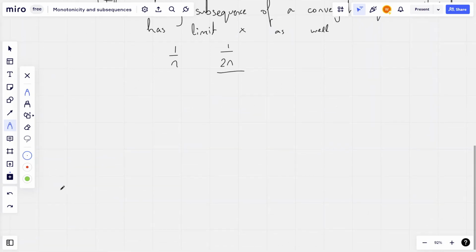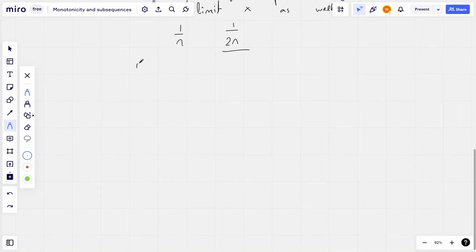Okay, so to prove this, suppose xn converges to x.